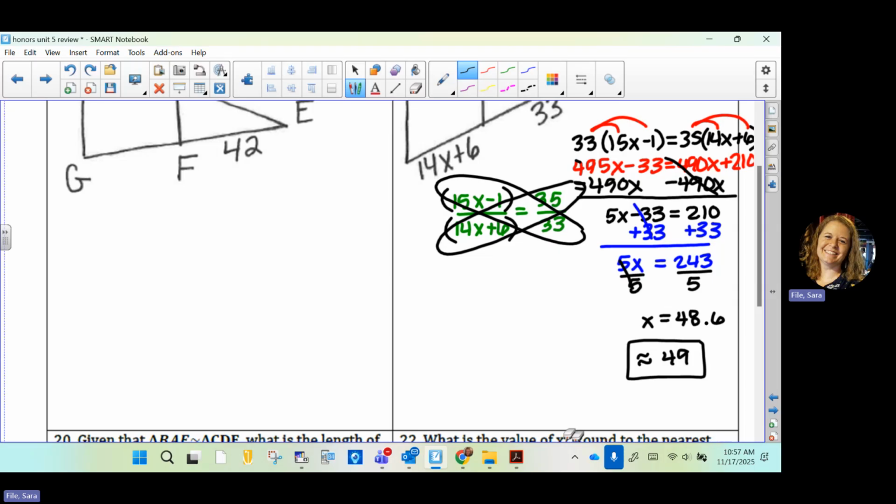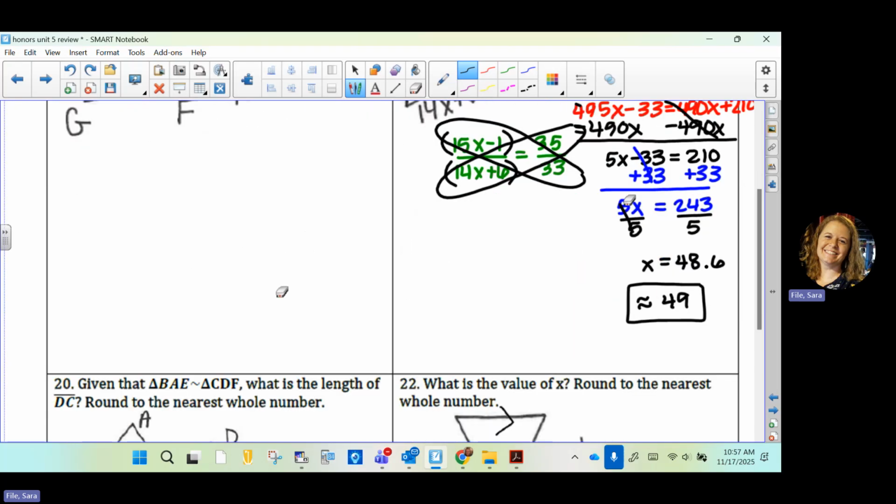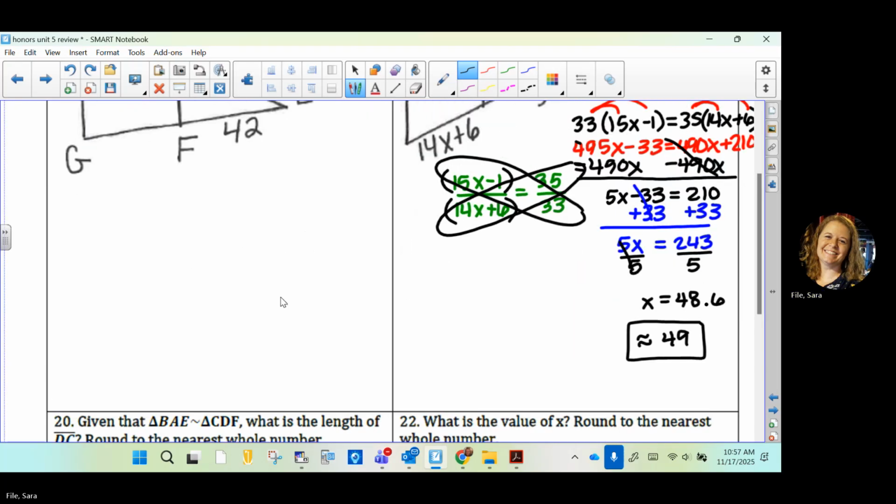So it's approximately 49. That's X. Is that what they asked for? It never hurts to go back and reread the question and make sure you've answered what they've asked for, because sometimes they're asking for a segment length and not just X. So you just want to double check that you're done with the problem.